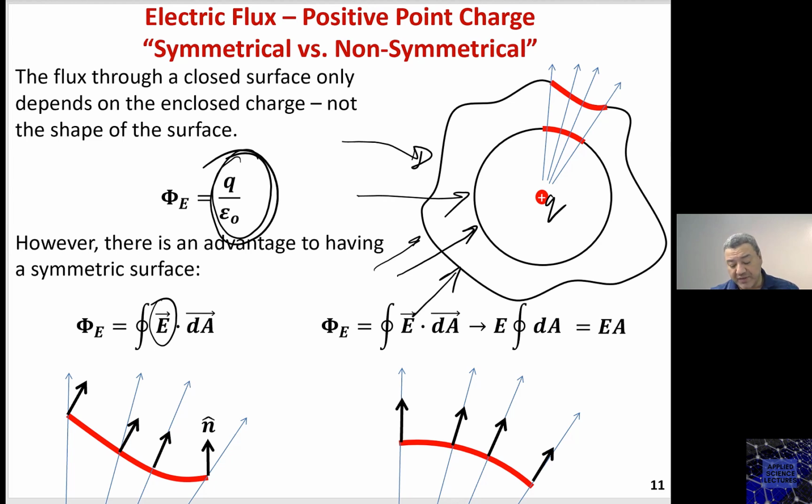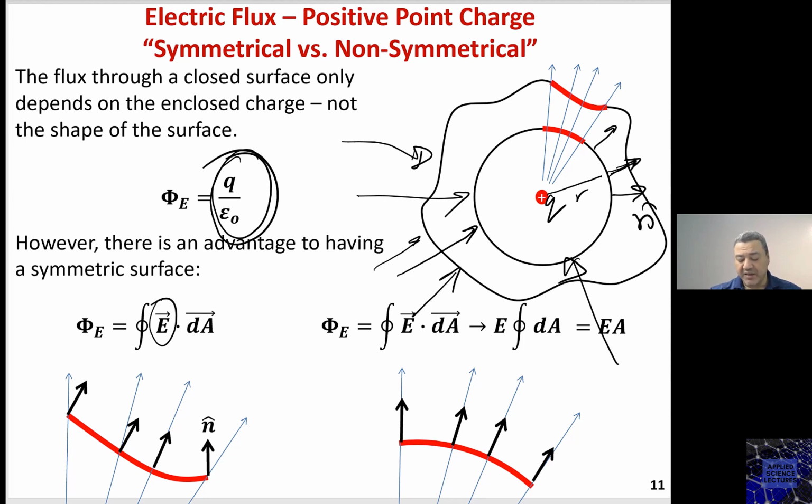However, for the spherical shape here, the electric field would be uniform everywhere, because this sphere is a symmetrical closed surface at the same distance everywhere, pointing in the same direction as the normal unit vector of the area vector.